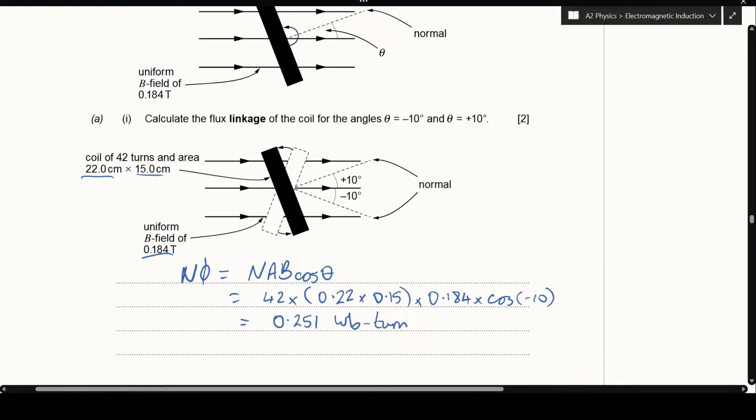Now, because of the shape of a cosine curve, which if I just very roughly sketch looks something like that, it's symmetrical around 0 degrees. So the value for cos of +10 will be exactly the same as cos of -10. So we can just complete this by saying that the answer is the same for 10 degrees.